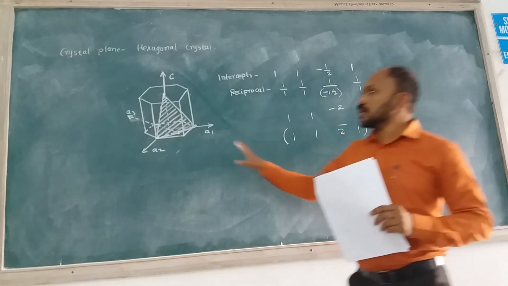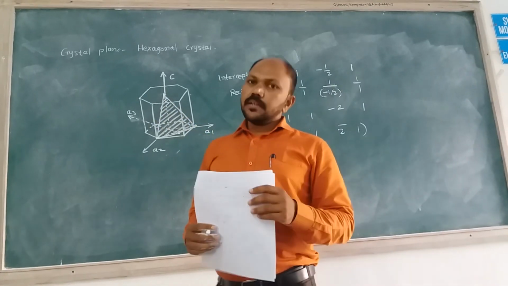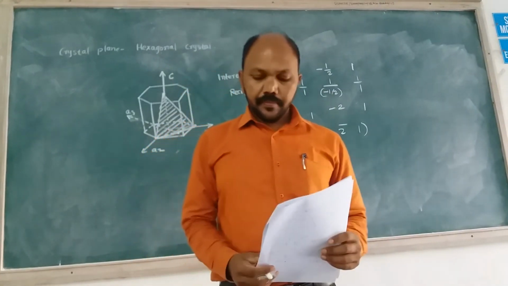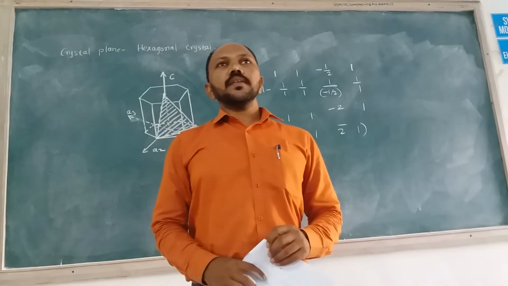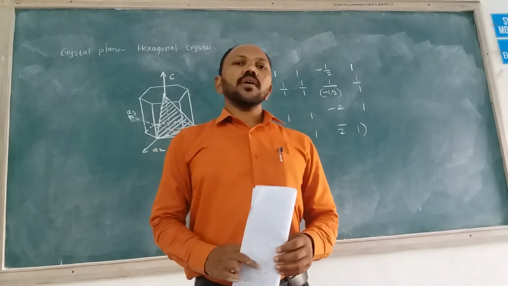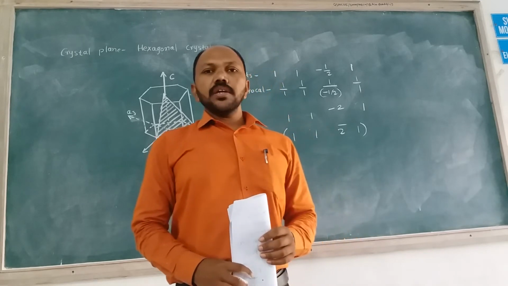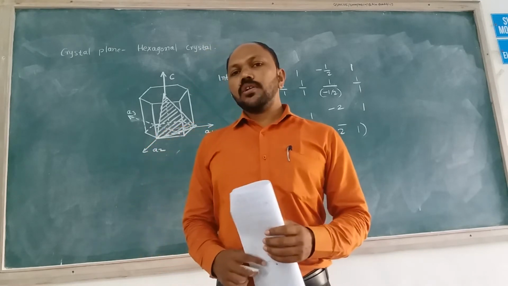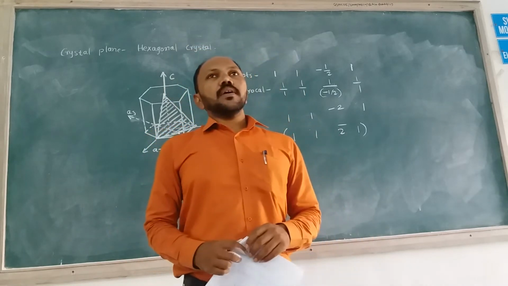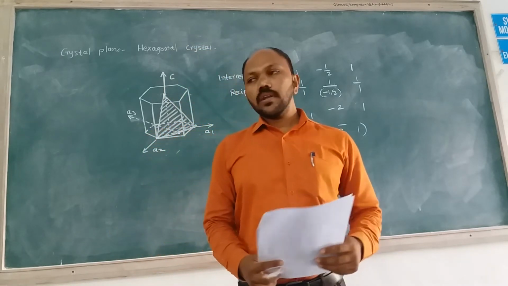These are the values for this plane by using the Miller-Bravais system. In this way we finish our discussion of the representation of planes in the hexagonal crystal structure. Now we see the representation of directions in the hexagonal crystal structure.